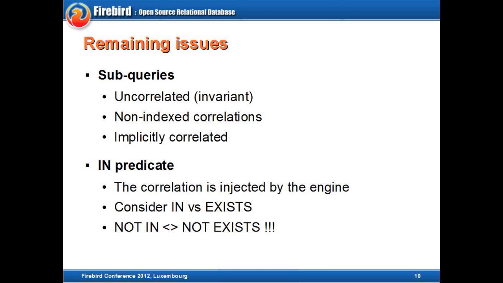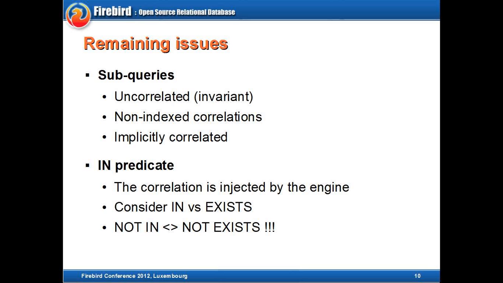Another two issues are much more famous and known to you. First of all, it's about non-indexed correlations. For example, you have a table joined to a subquery, to a derived table. Okay, that's good. And the derived table is written in such a way that it cannot use an index for a join.